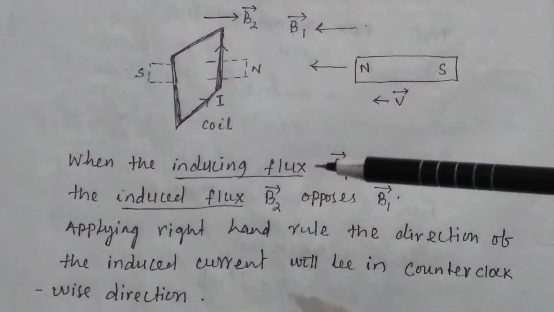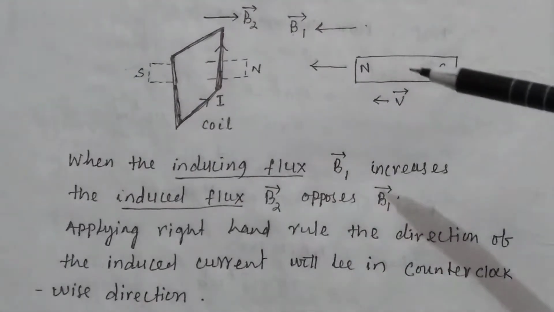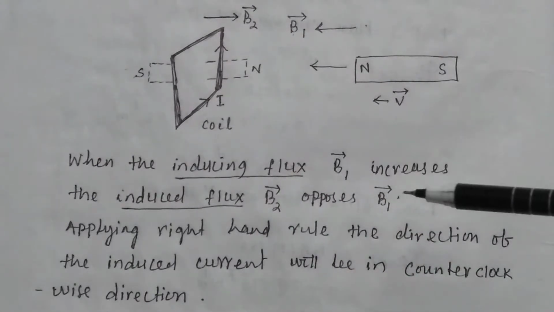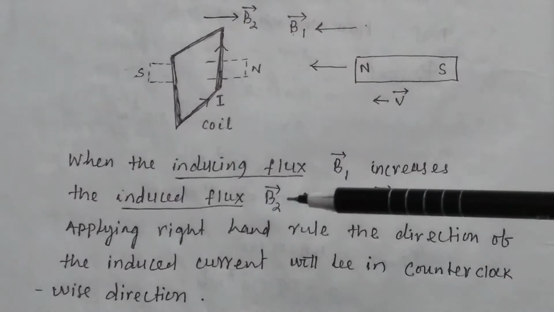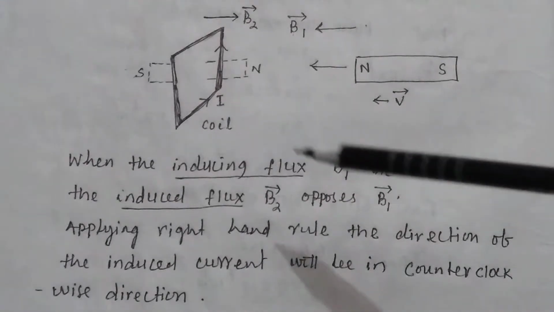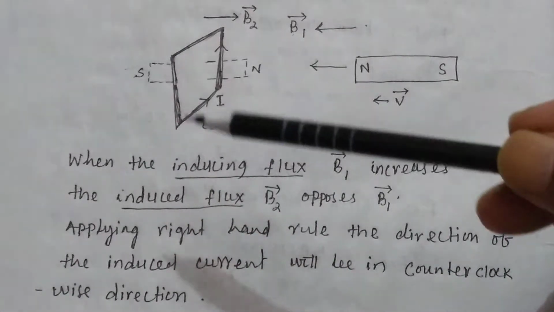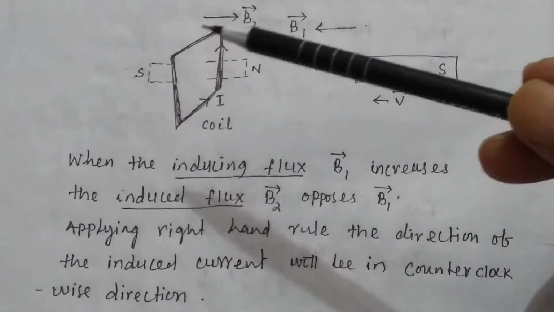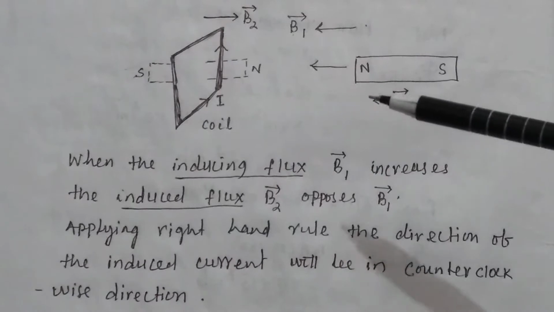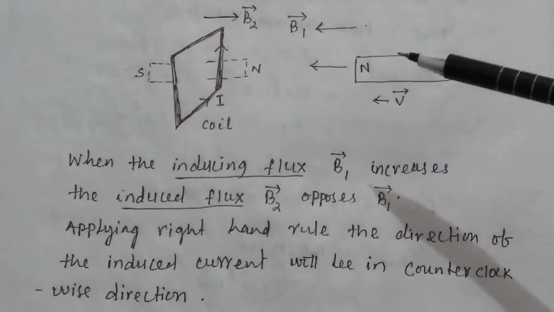B1 is called the inducing flux due to the magnet. And when the inducing flux B1 increases, the induced flux B2 opposes B1. The induced flux B2 is produced by the induced current. Current will be induced in this coil due to the change in magnetic flux due to this magnet.